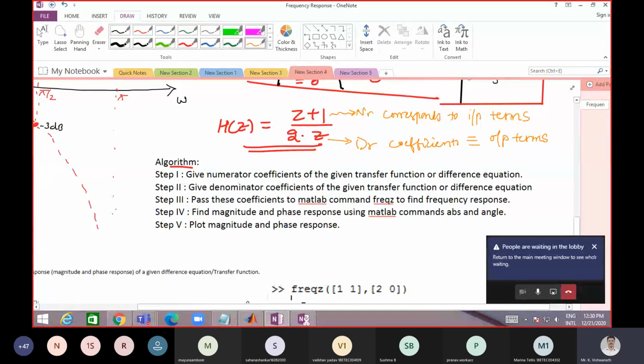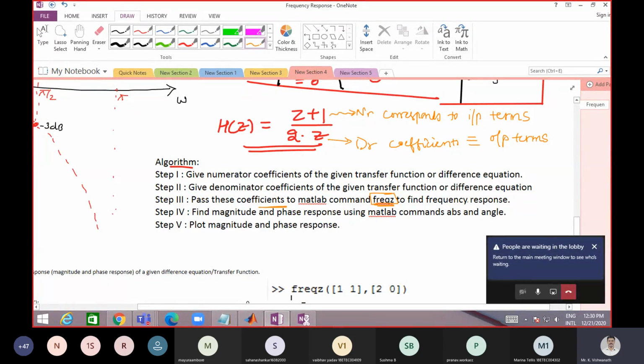Then we will pass these numerator and denominator coefficients to a built-in function called freqz. Freqz is a built-in function to find the frequency response.